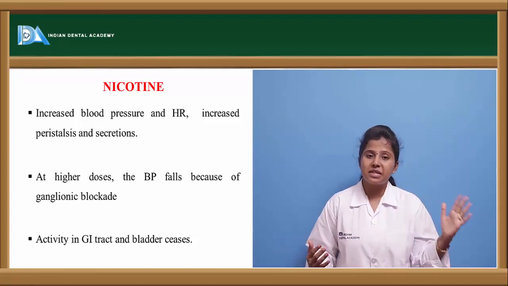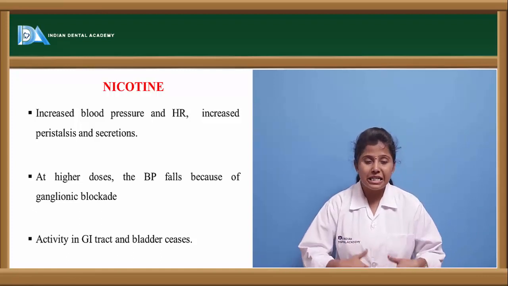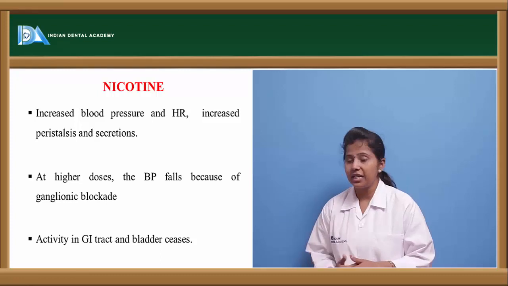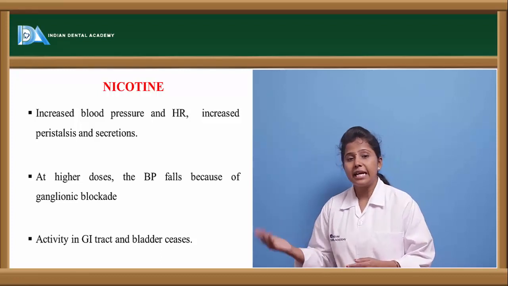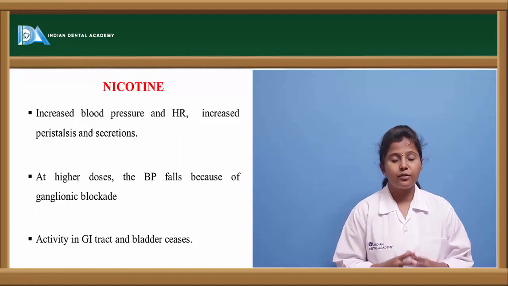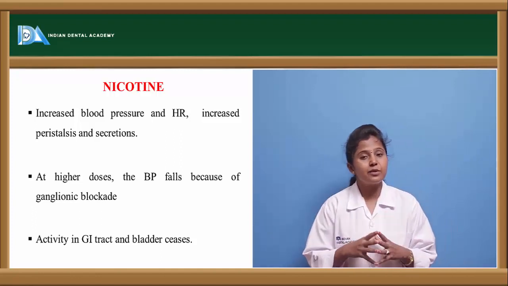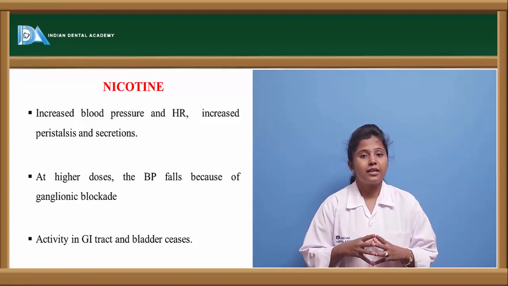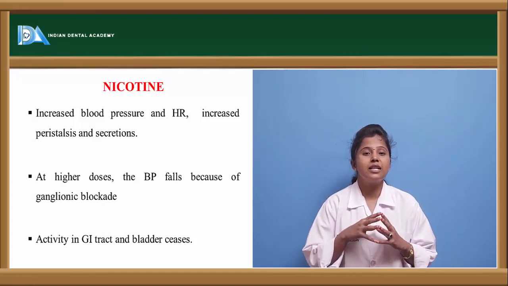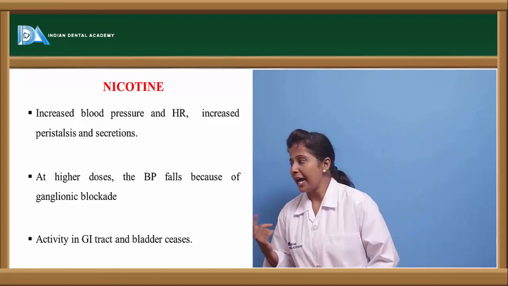If we see anti-muscarinic drugs, they cause decreased glandular secretions and decreased heart rate. But anti-nicotinic drugs exert increased blood pressure and heart rate, which is quite opposite to that of anti-muscarinic drugs. So the effects shown by these receptors depend on the location as well as the type of receptors on which the acetylcholine is acting.